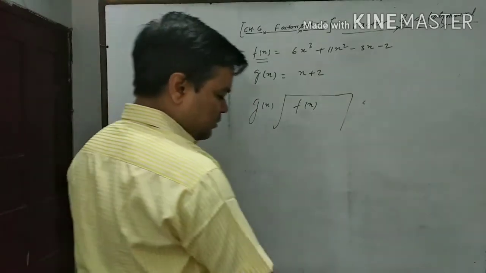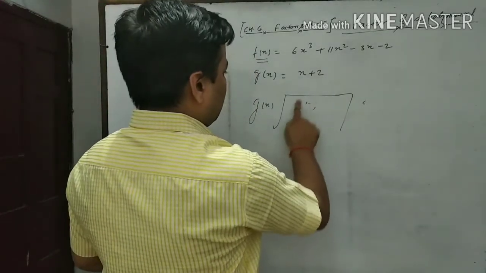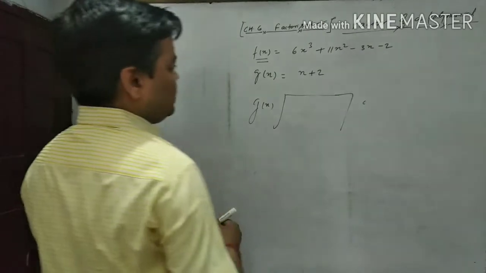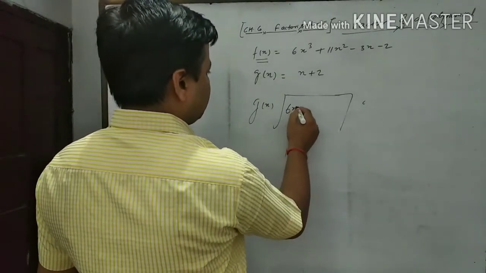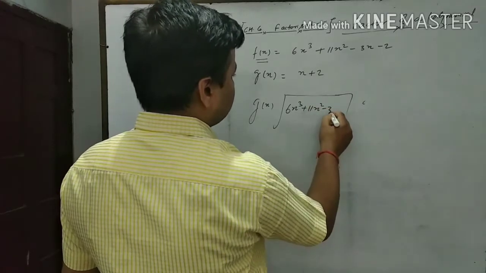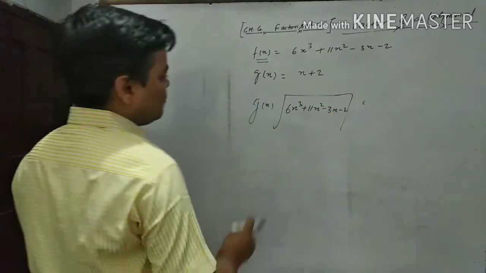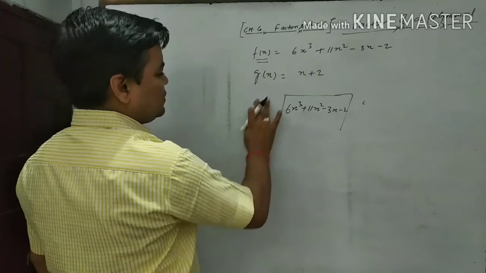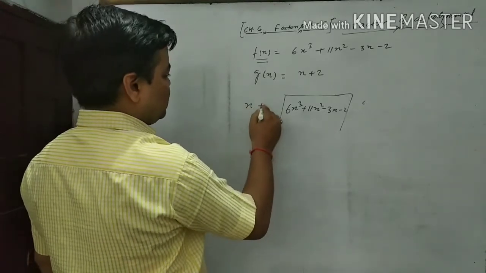In place of f(x) we write 6x cube plus 11x square minus 3x minus 2, and in place of g(x) we write x plus 2.